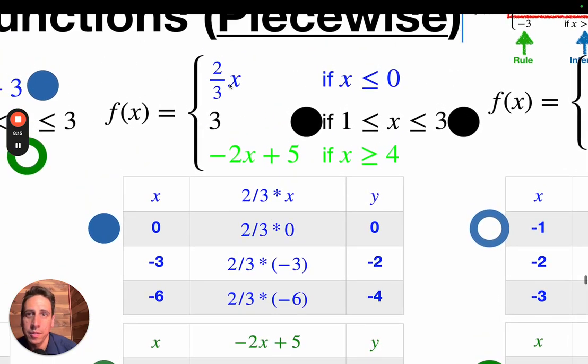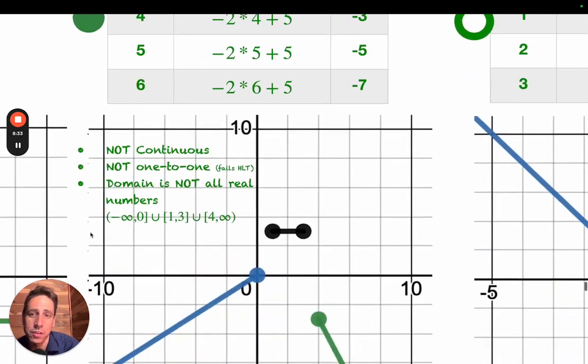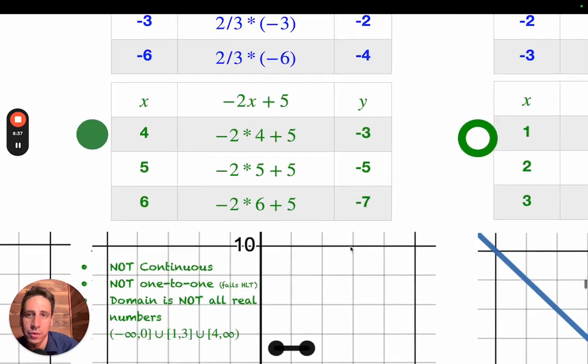Next, the middle piece. This 3, it's kind of hard to think about this 3 as a function, but it corresponds to the line y equals 3. The rule is, doesn't matter what the input is, the output's going to be 3. So that's like y equals 3. Graphically, the line is y equals 3. It's right here. You can imagine a really long horizontal line, y equals 3, just like you've seen before.